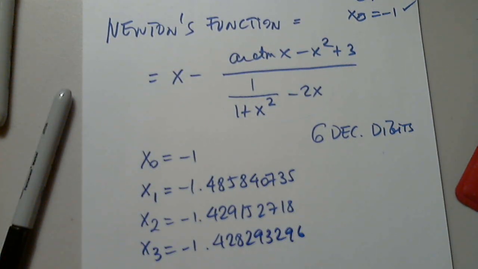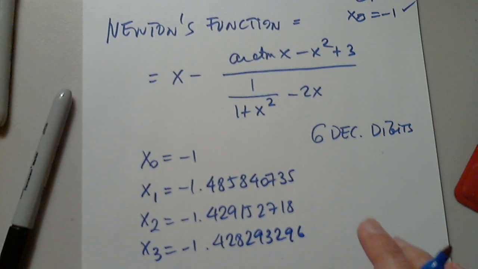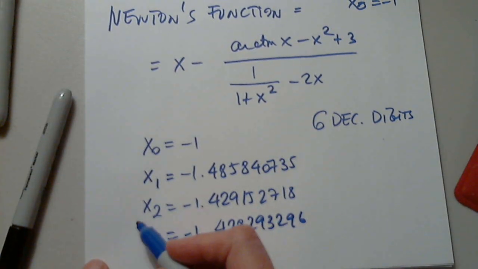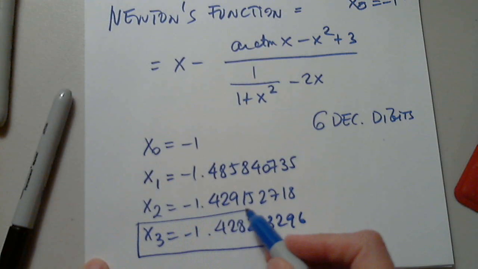What is this new number? X sub 4. Yes, but I will not even copy it because I have the digits repeating: 4-2 repeats, 8-2 repeats, 9-3 repeats. So the method converged in 3 steps.